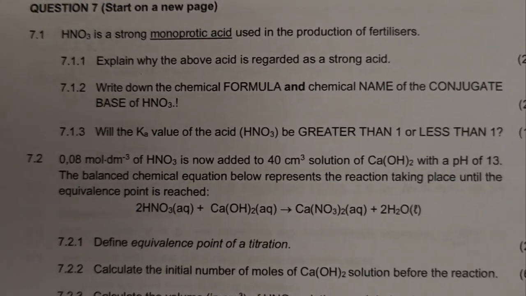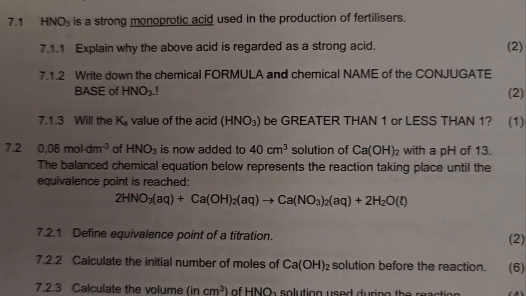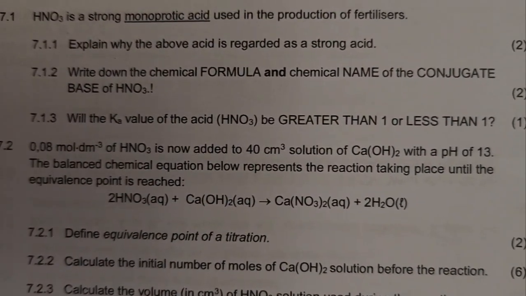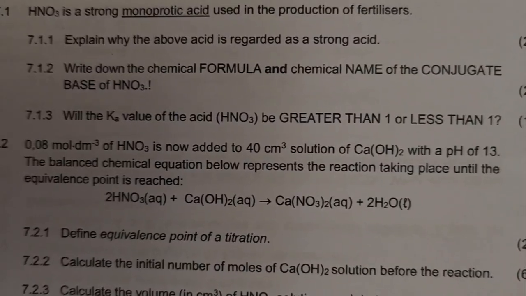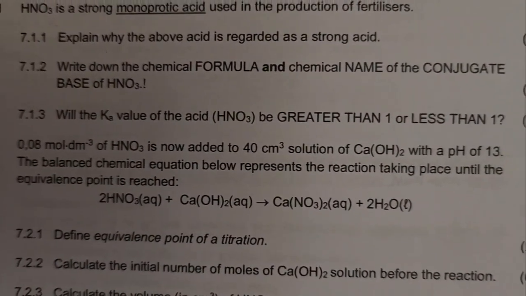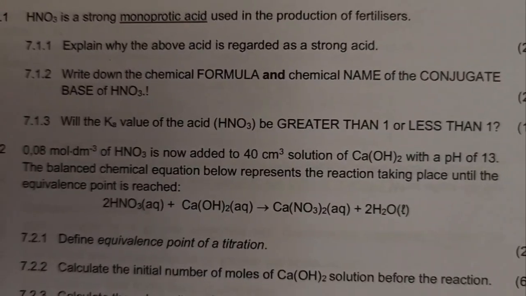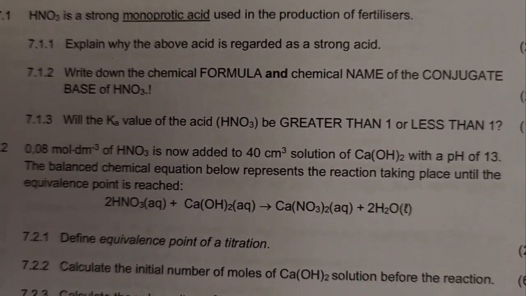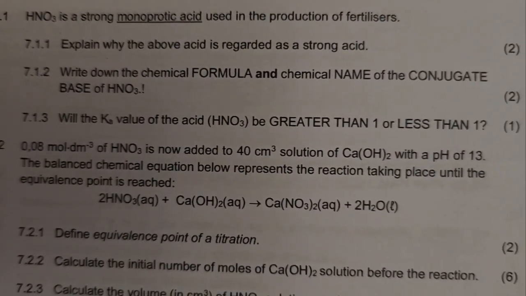Fine. Next question, 7.1.2: write down the chemical formula and the chemical name of the conjugate base of nitric acid, HNO3.